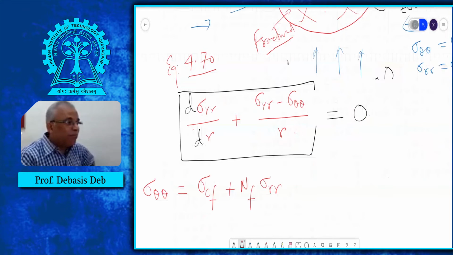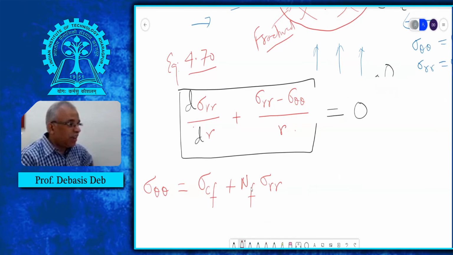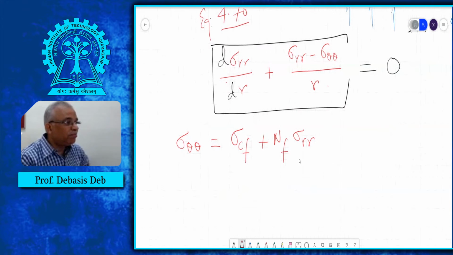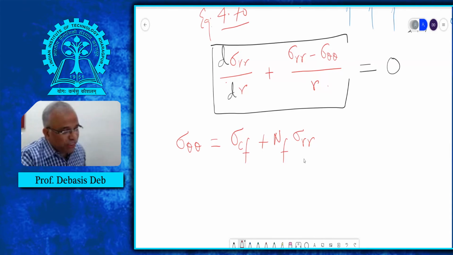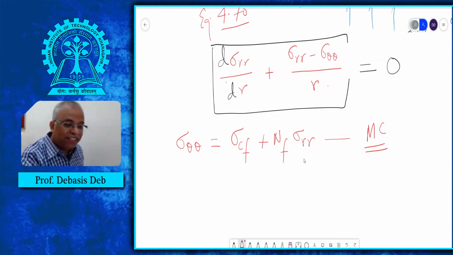Can anybody tell me what is this equation I have written here? From where have I written this equation? It is sigma UCS plus N phi. Yes, so this is basically Mohr Coulomb. So I am using the MC criteria in the fractured zone, or the plastic zone.